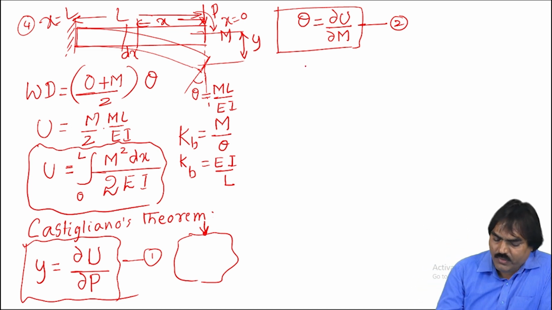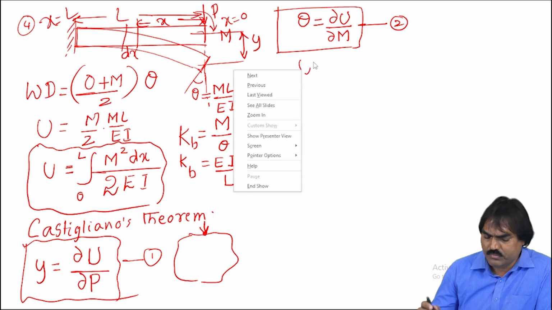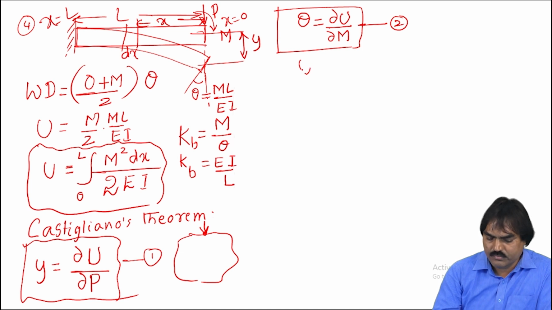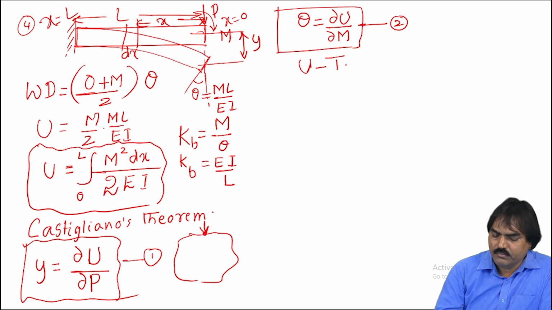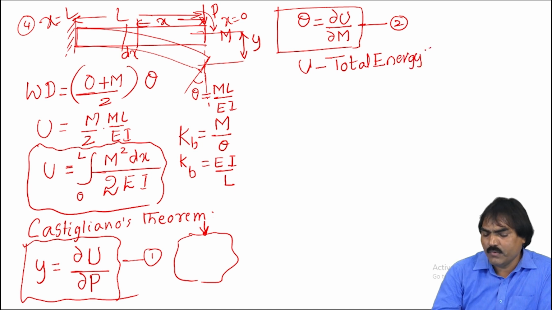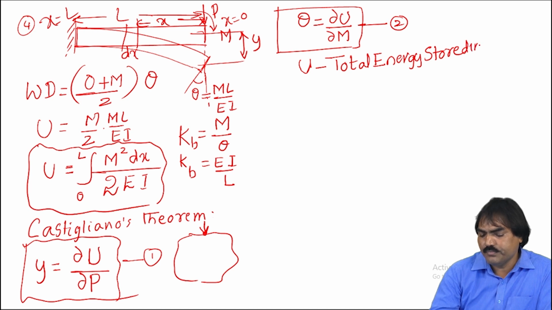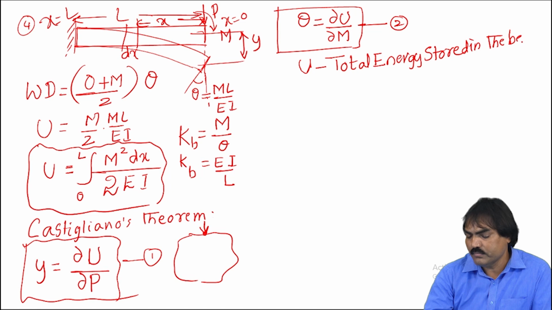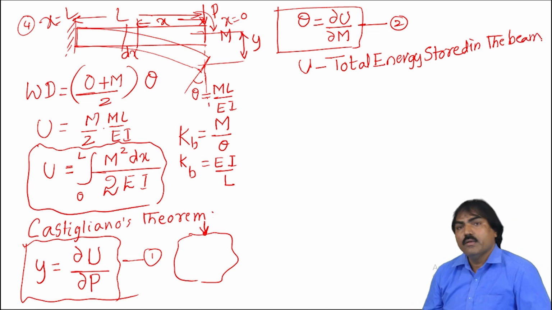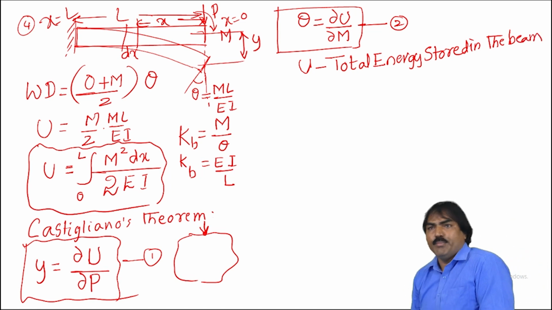In this case, U is the total energy stored in the structure or in the beam. It must be the total energy in the beam.